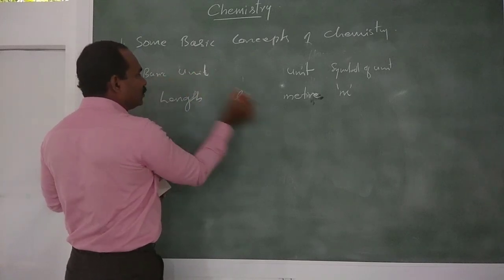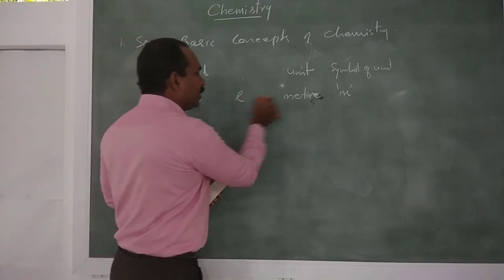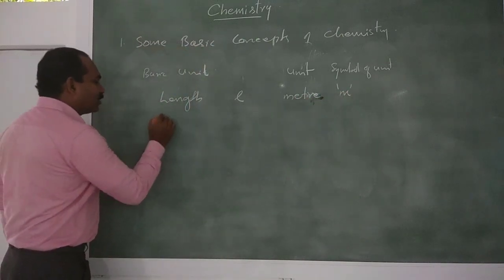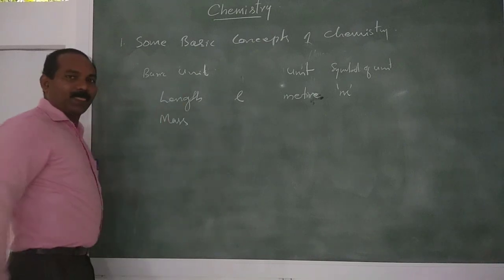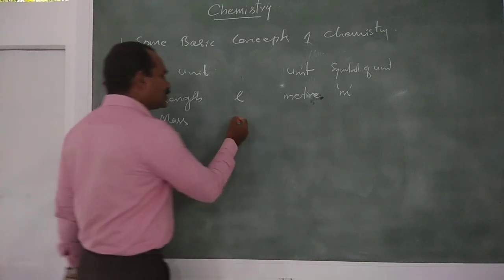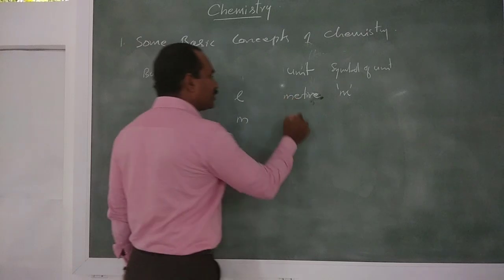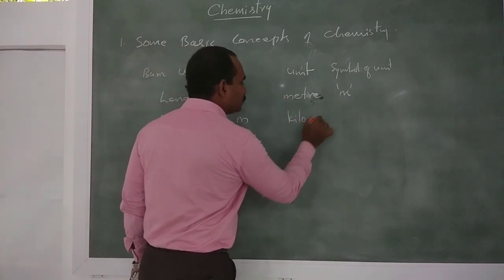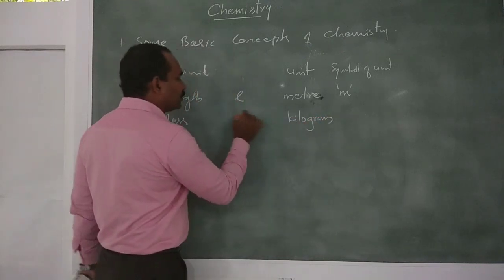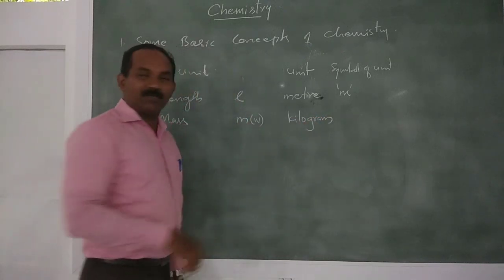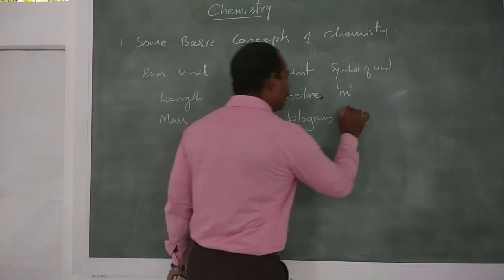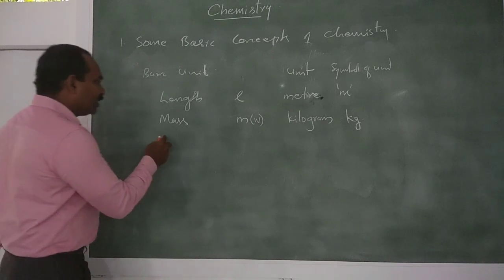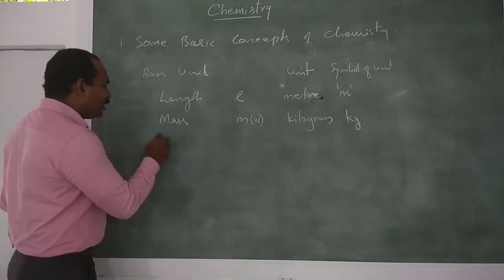So length is measured in meter. The symbol of the unit is m. Next is mass. Mass is M. Mass is measured in kilogram. In some textbooks it is W. No need to worry about it. Kilogram, kg.